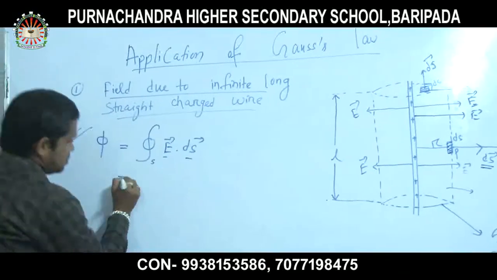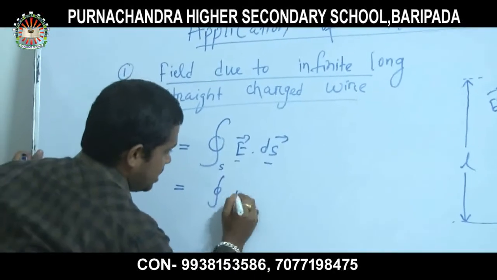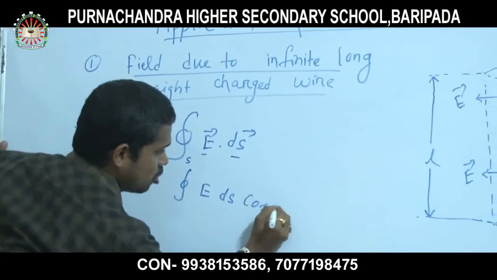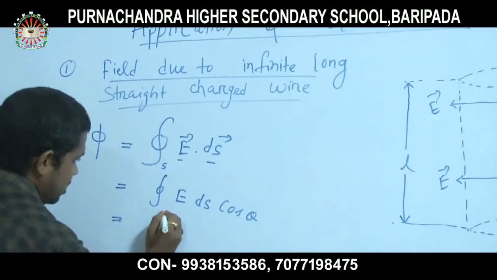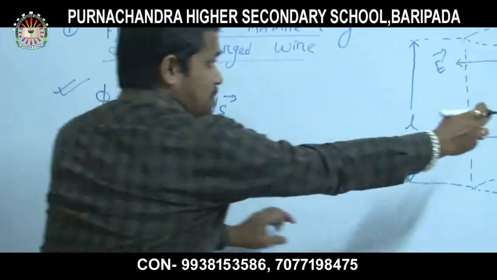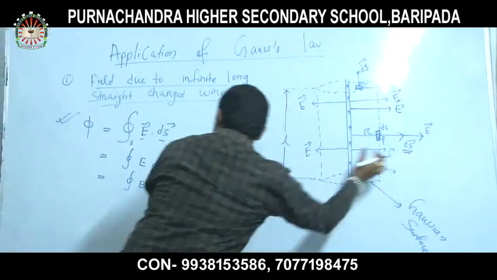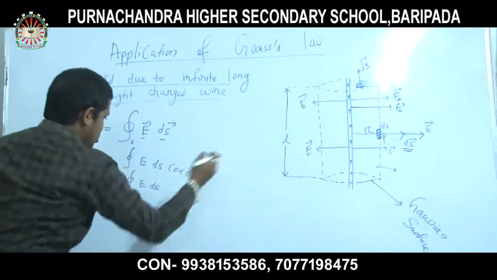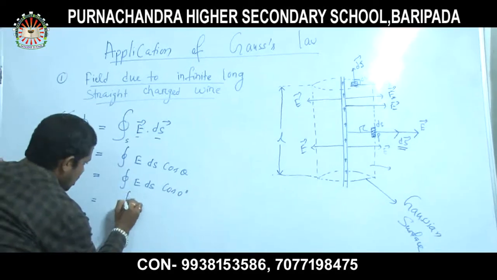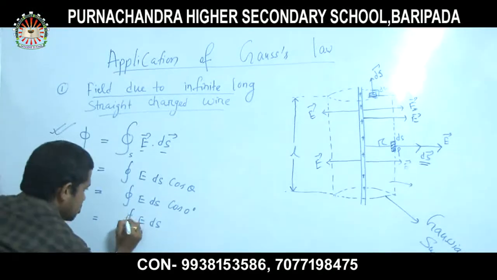So integration E dot ds means E ds cos theta. That implies integration E ds cos theta, where theta is, again I will repeat, the angle between E vector and ds vector. It is 0 degrees because both are in the same direction. So this is cos 0 degrees, which is 1, so it equals integration E ds.